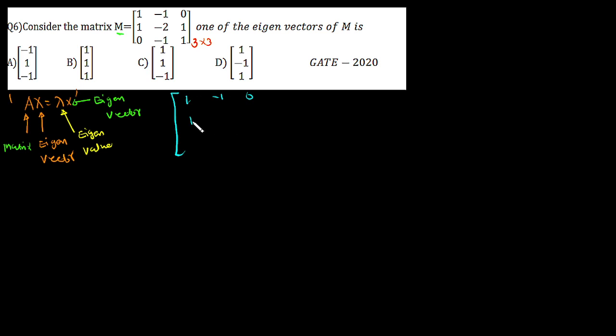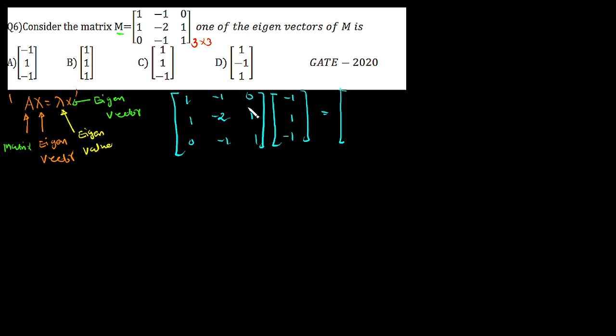So first of all, we need to multiply this matrix with the vector which is given in the different options. So let's put the vector here which is given in option A. So now let's do the multiplication of those two matrices.